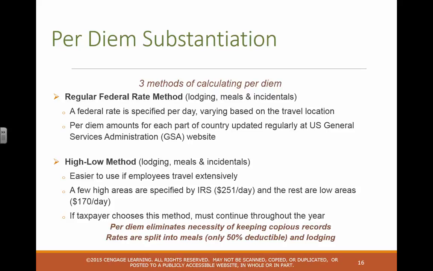Is that before or after the 50% cut? After, because it says deductible, doesn't it? So she gets to write off about $27 a day. Yes, exactly. And then the travel is the lodging portion.